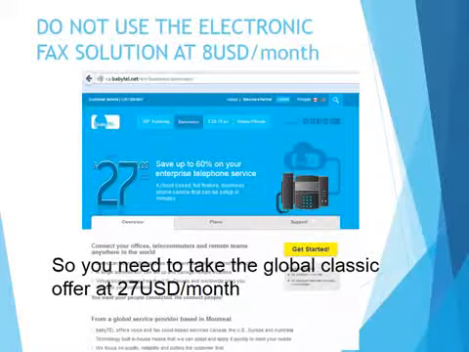So you need to take the global classic offer at $27 per month, and here you can send a limited number of phone calls and unlimited faxes in 60 different countries, which include China, Europe and the United States. So it's a very good solution.